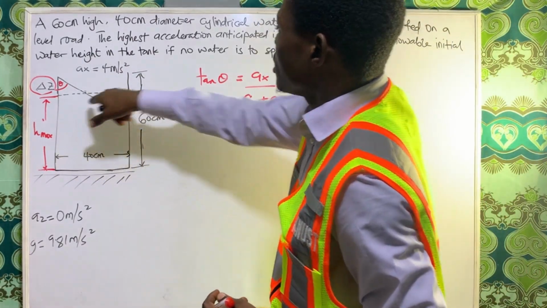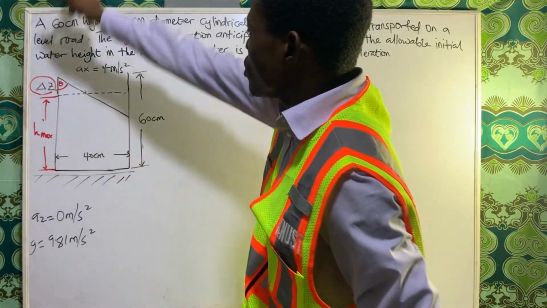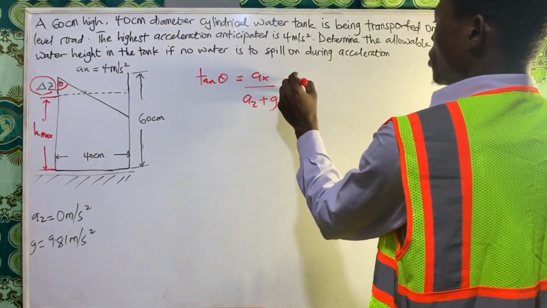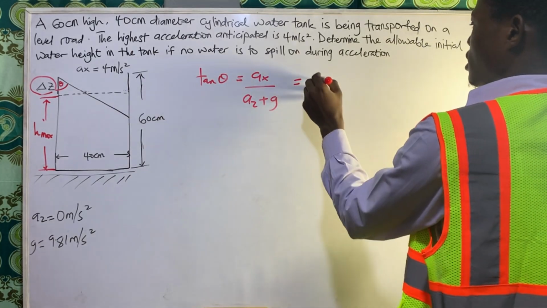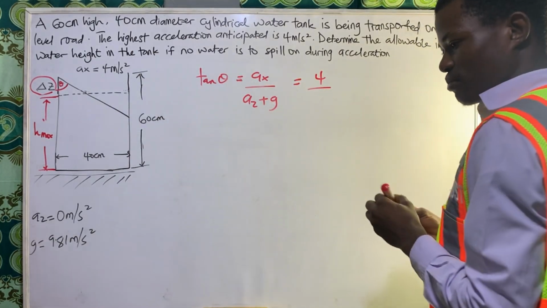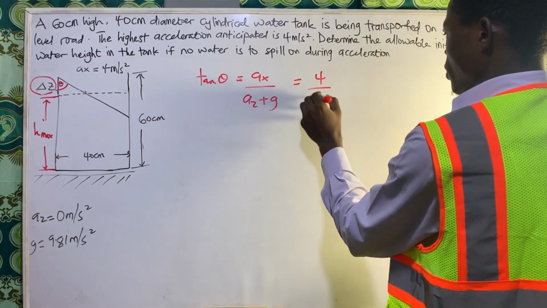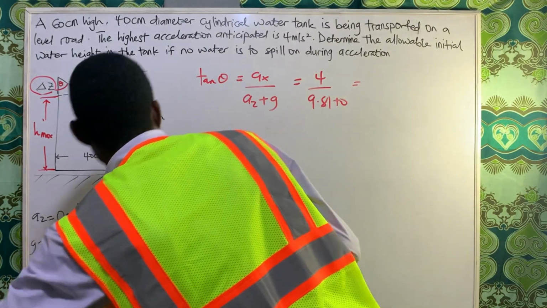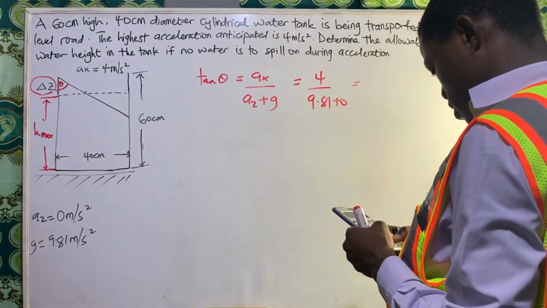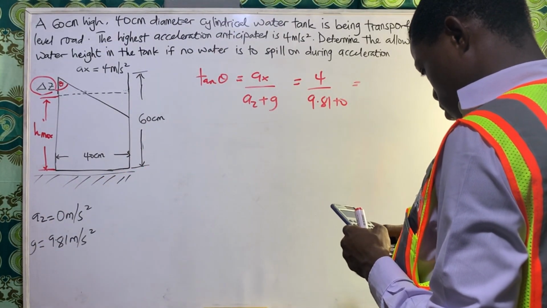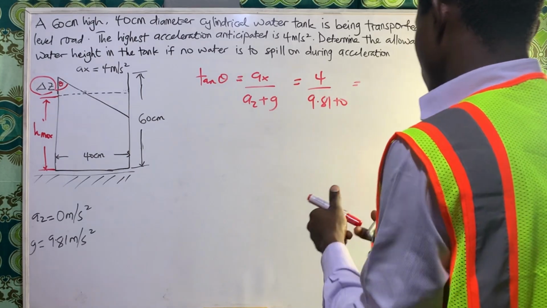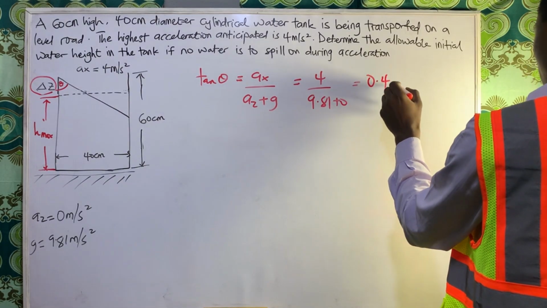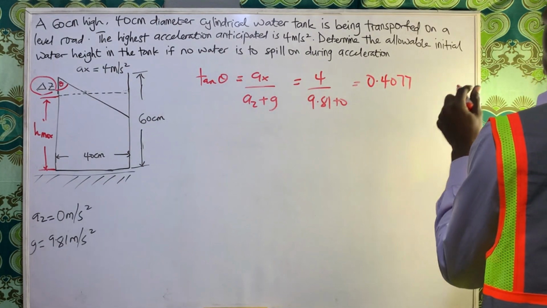Computing this, we get 4 over 9.81 plus 0, which gives us 0.4077.